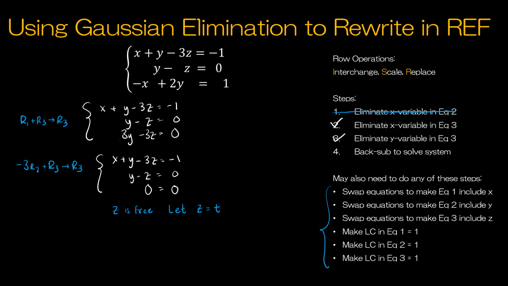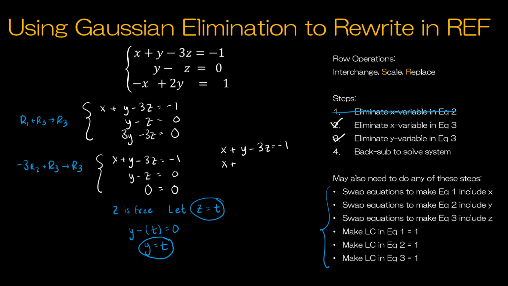So how do I do that? Well, if z is t, I have y minus t is equal to 0. So let's add t to each side. Y is equal to t. So z is equal to t, y is equal to t. Let's look at x. For x, we have x plus y minus 3z is equal to -1.